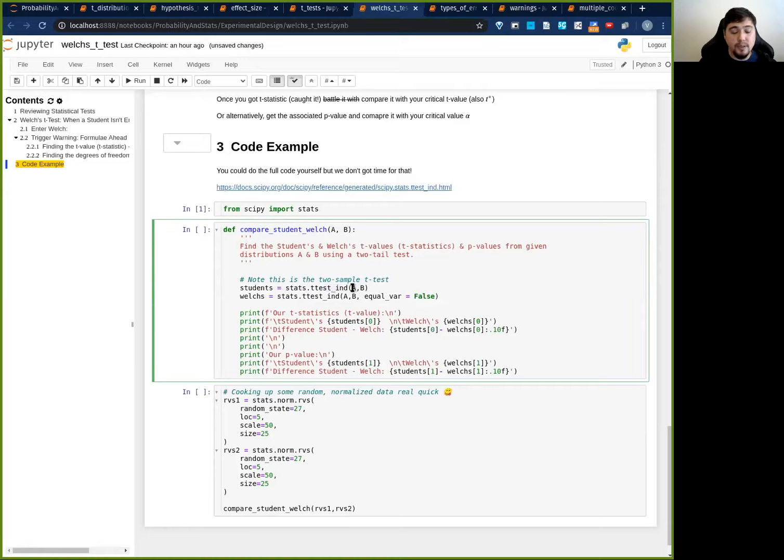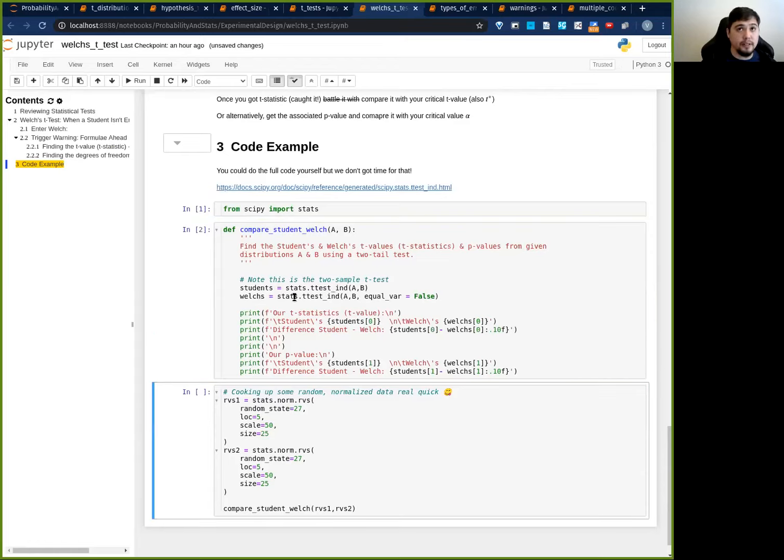You give it the 2 populations, and it will tell you 2 attributes. I'm trying to remember the order of this, but it'll tell you your t-statistic and the p-value for that t-statistic.